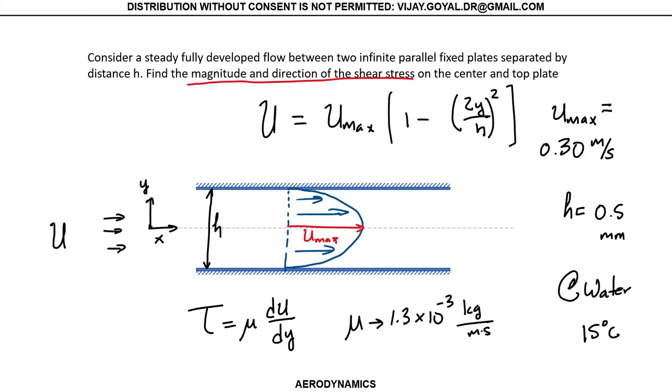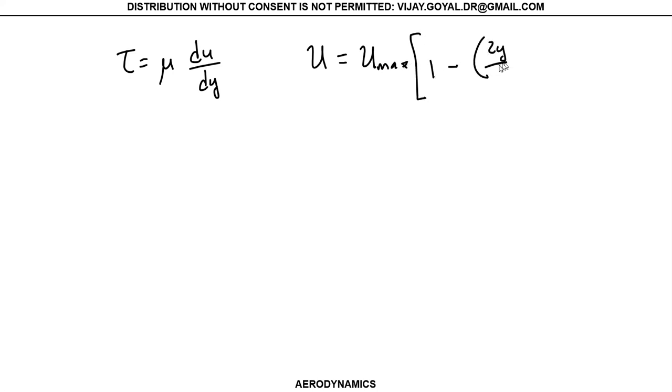So we're going to start with this equation. Tau is equal to mu du dy. And we know from the problem, u is equal to u max times 1 minus (2y over h) squared. Now du dy is equal to u max times the derivative.